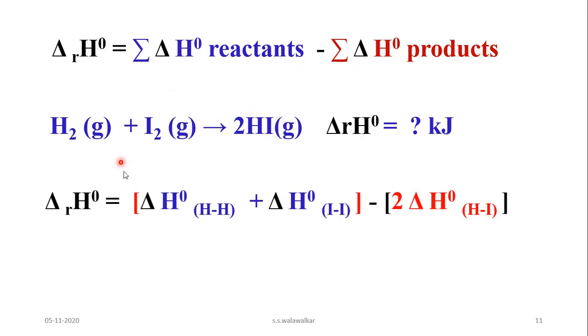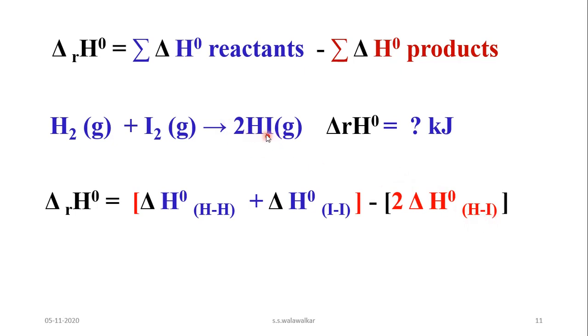So substitute here, the standard enthalpy of reaction is equal to the standard enthalpy of HH bond. Hydrogen is a diatomic molecule, single covalent bond is their HH bond. So standard enthalpy of HH bond plus standard bond enthalpy of iodine bond. Iodine is also a diatomic molecule. And the sum of these two minus 2 into, here 2 moles of HI are there, so 2 into standard bond enthalpy of HI bond.